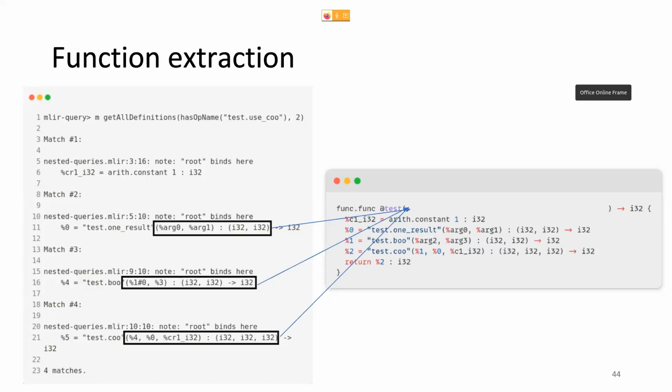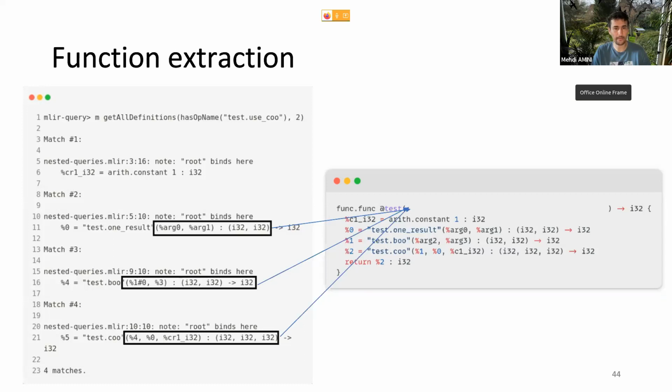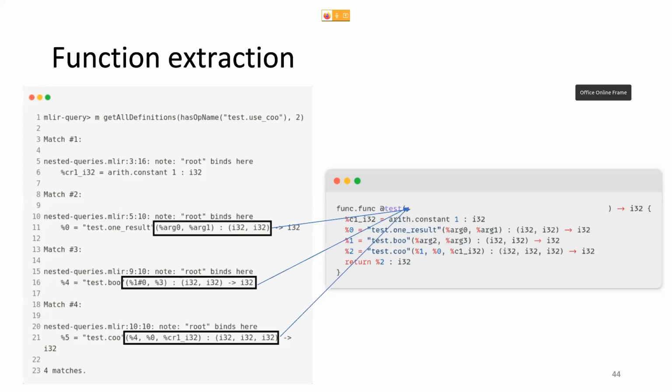Yeah, so I did look at PDL, and I think it wouldn't be very straightforward to convert MLIR query to PDLL, because it might need some changes to PDLL itself. With PDLL, you always need to rewrite something, right? If I'm not wrong.